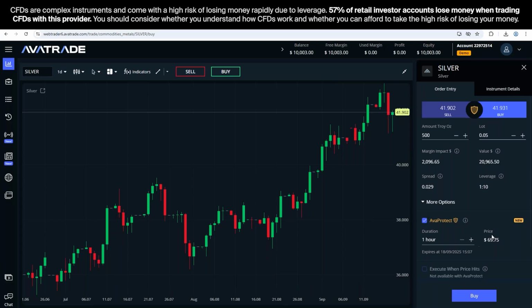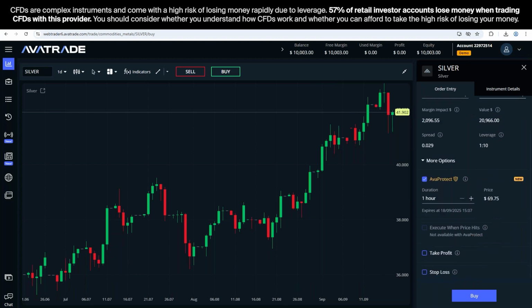The price of what? The price of the fee that we will pay to protect the position. Another thing that determines how big or small the fee is going to be is the time duration that we select. If we click on the plus to expand from 1 hour to, let's say, 3 hours, we can see how the price changes.